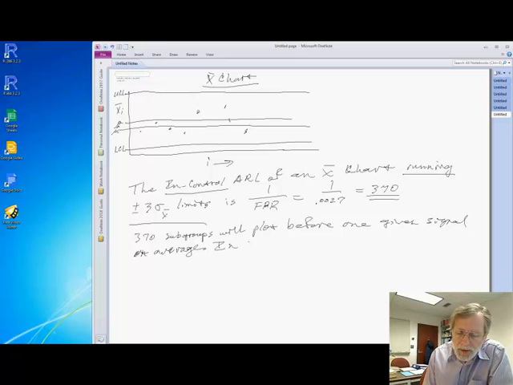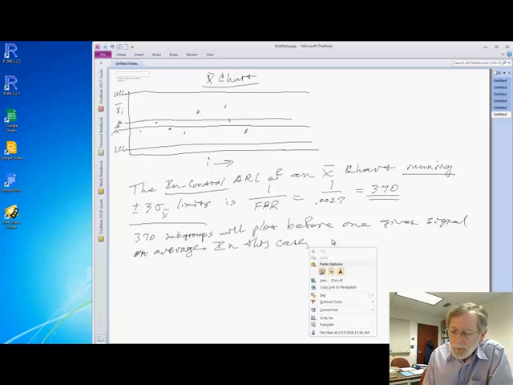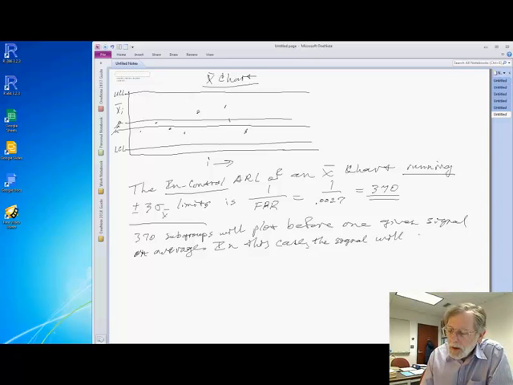In this case, the signal will denote a false positive.